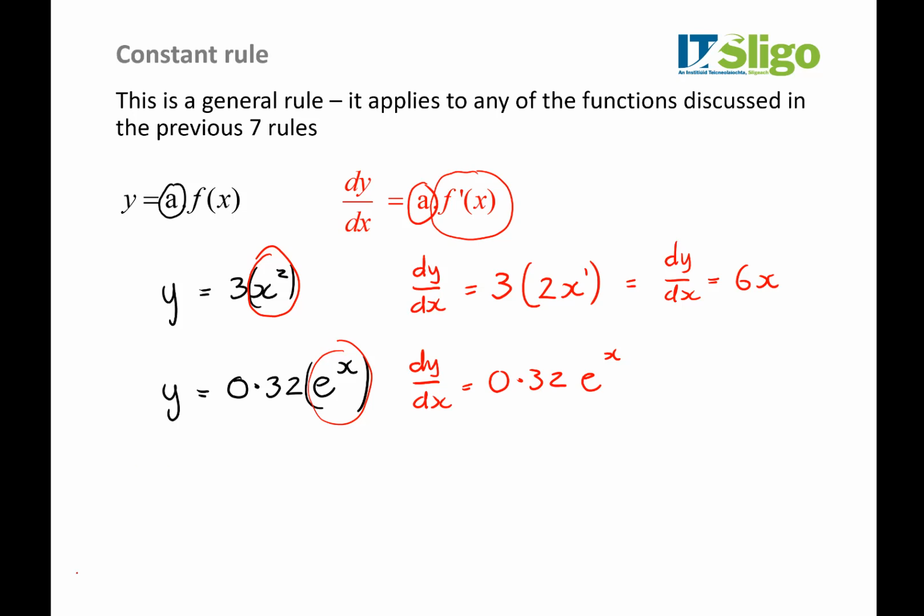I'm just thinking of another one, say y is equal to 2 sine x. dy/dx. Well, the 2 stays, and then we differentiate sine x, and if you remember from rule 4, I believe, the derivative of sine x is cos x.